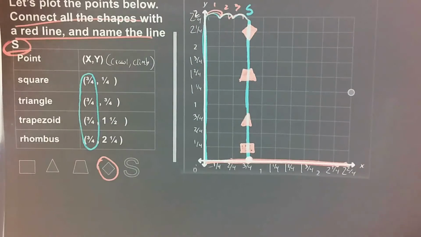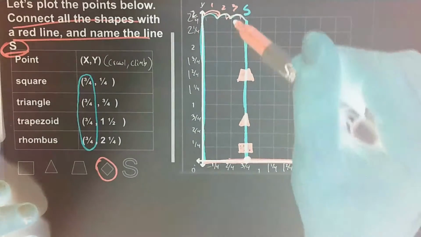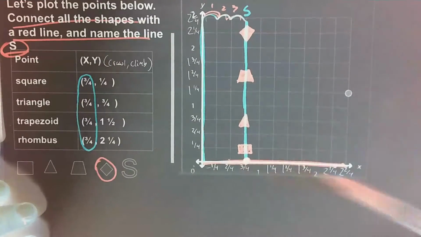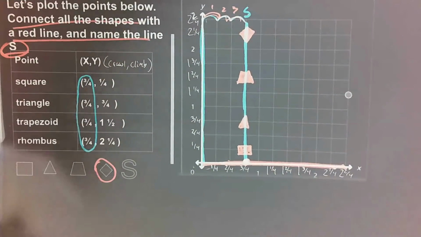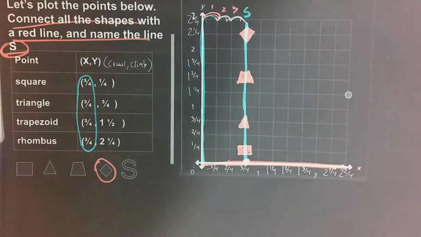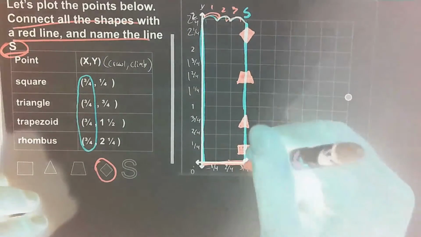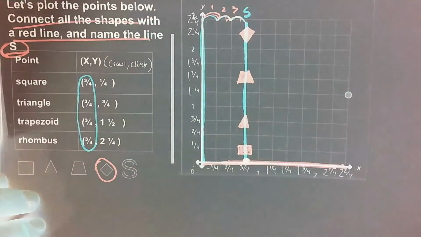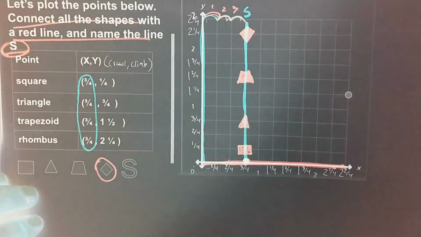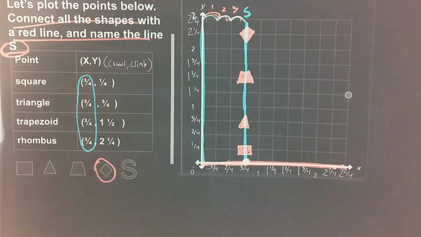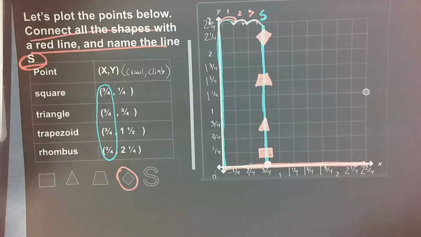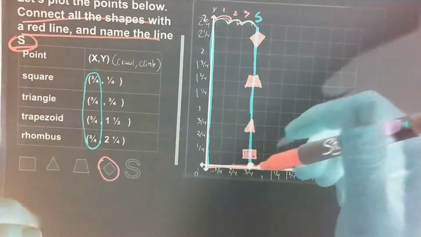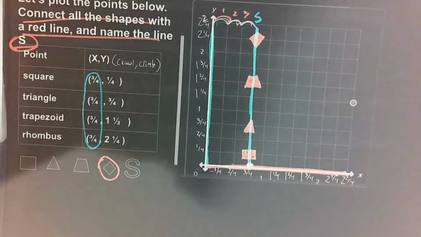Now, who can explain to us why line S and the x-axis are not perpendicular? We know they're intersecting. They meet right here. Why are they not perpendicular, though? Who can tell us? These two lines are intersecting but not perpendicular because they don't meet to create 4 right angles.